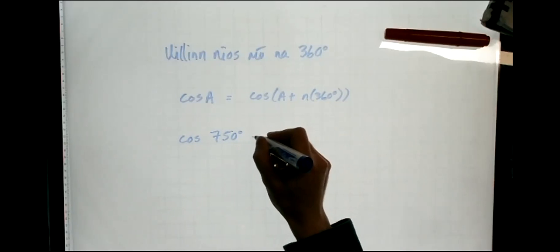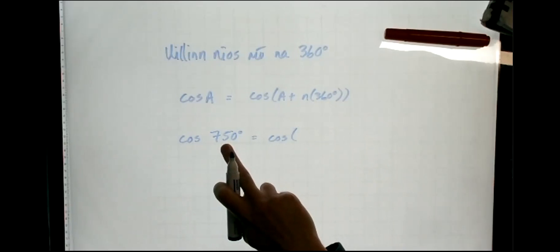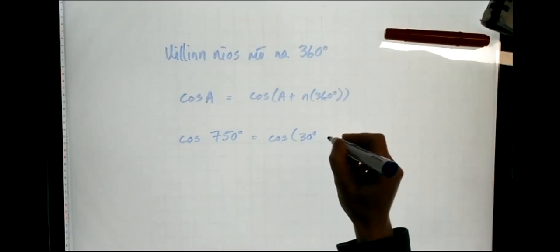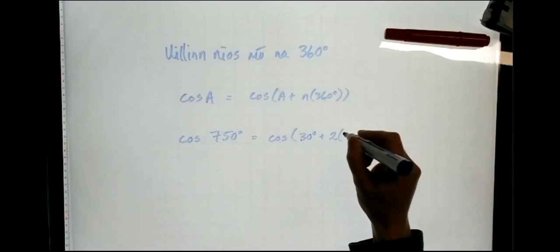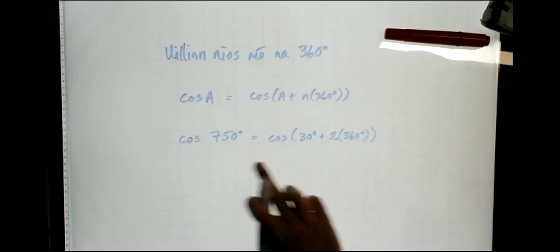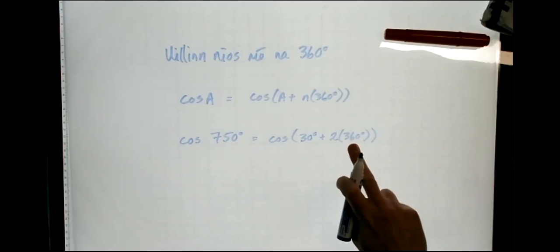Here 720 is two full rotations, so 750 is 30 degrees plus 720, which is 360 degrees times two. So 750 is two full rotations plus 30 degrees.